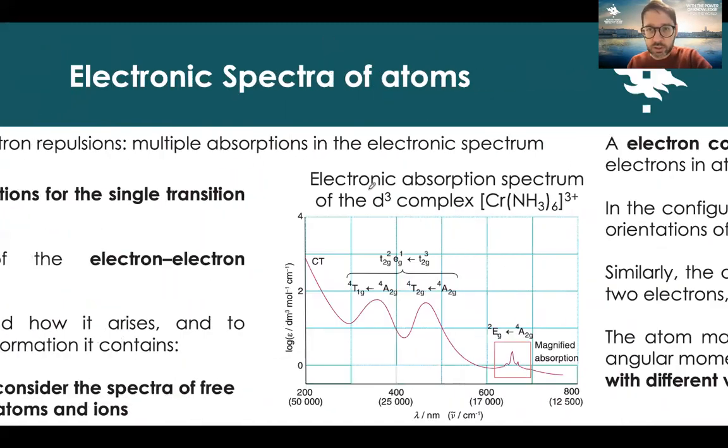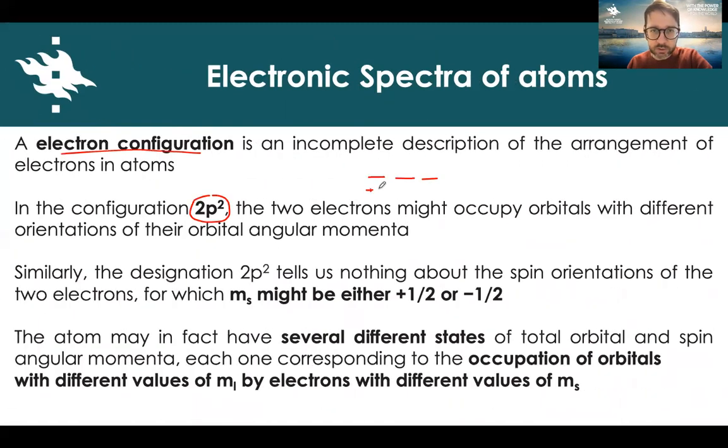So if we consider the quantum number for angular momentum, the electrons can be like this, or like this, or like this, right? So there are many possible arrangements for these two electrons in the p orbitals. So just saying 2p2 will not tell us which orbitals or what the orientation of their orbital angular momenta is.